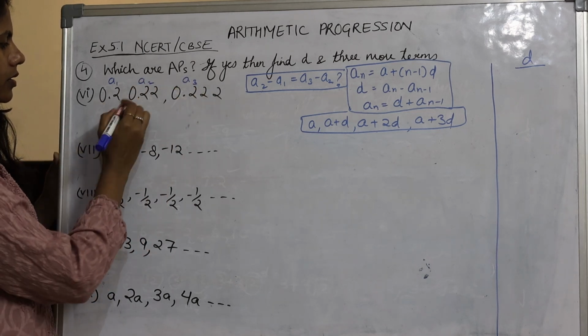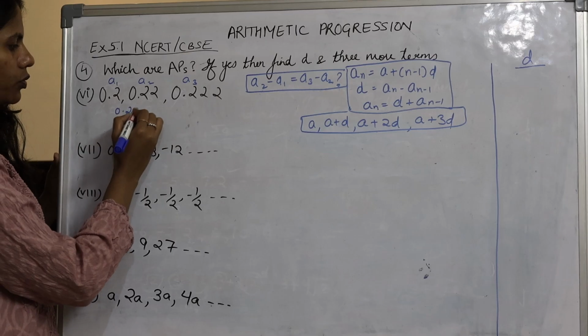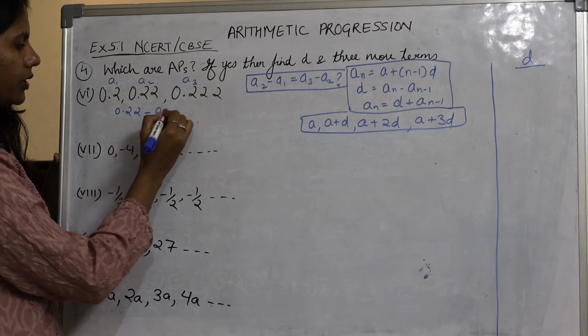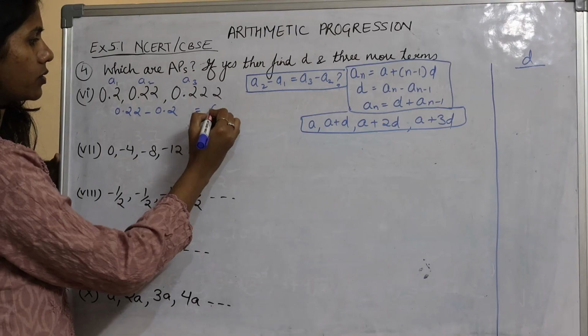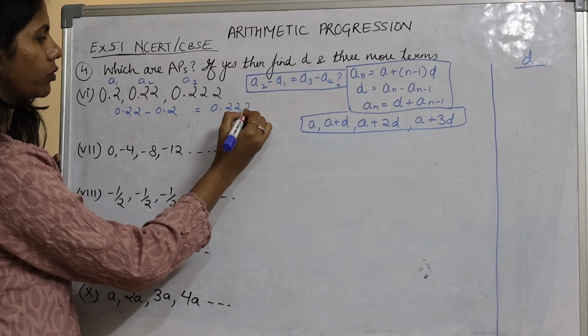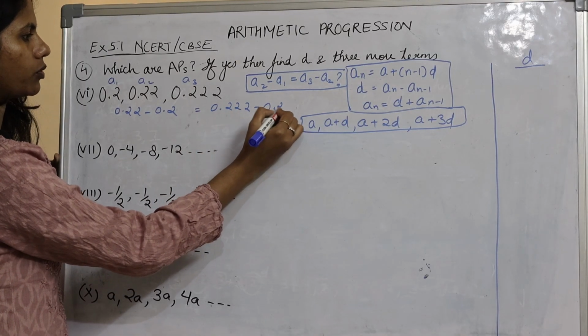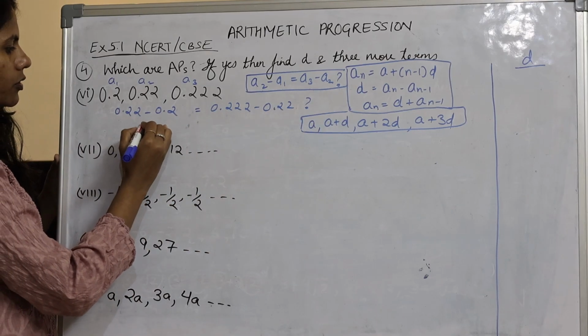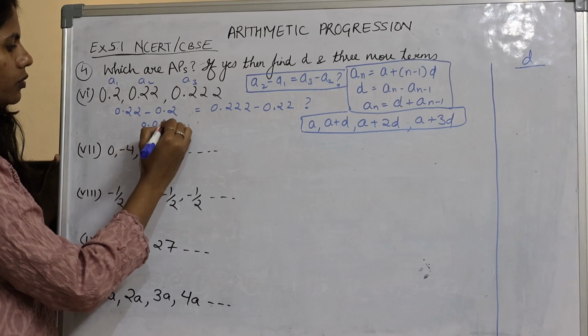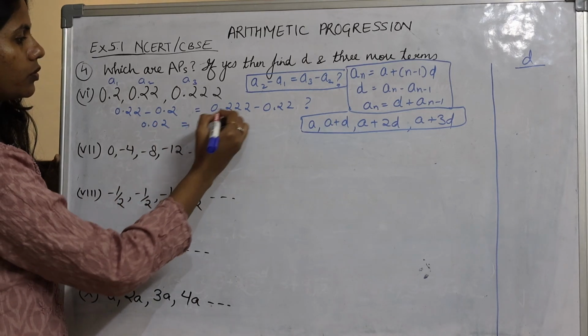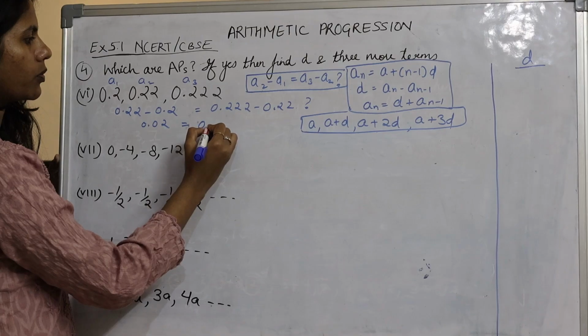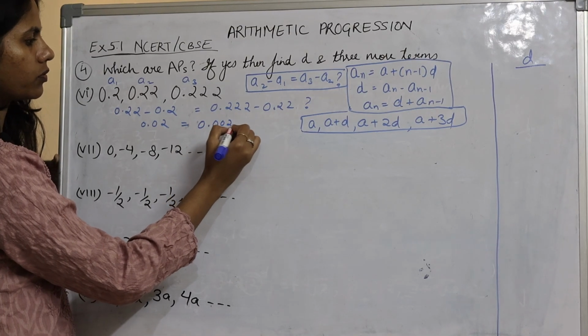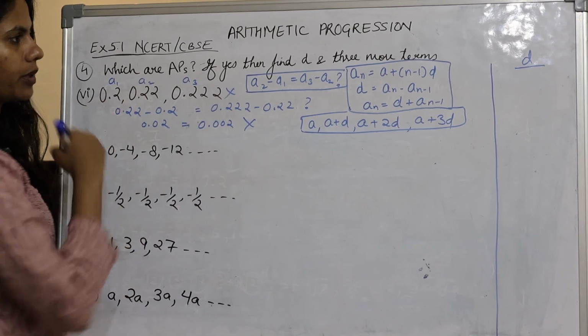Let's try to find out 0.22 minus 0.2 is equal to 0.222 minus 0.22 or not. So this will be 0.02. Is it equal to 0.002? No, right? This is not an AP.